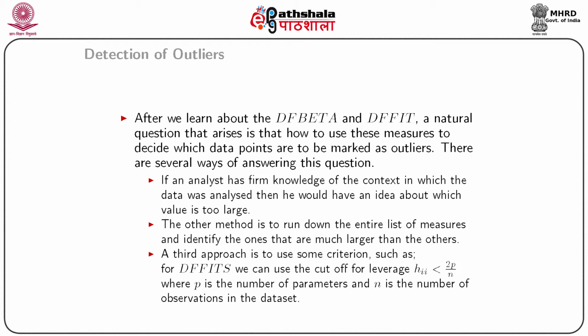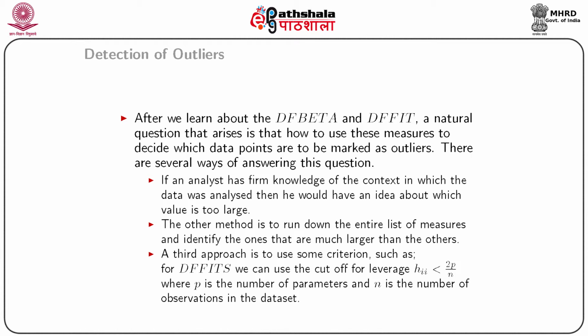Now, after we obtain our measures DFFITS, DFBETAS, or standardized DFFITS and standardized DFBETAS, a natural question that arises is how to use these measures to decide which data points are to be marked as outliers. There are several ways of answering this question. If an analyst has firm knowledge of the context in which the data was analyzed, then he would have an idea about which value is too large.